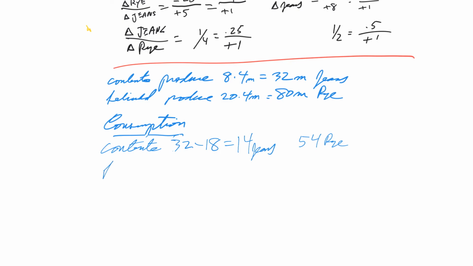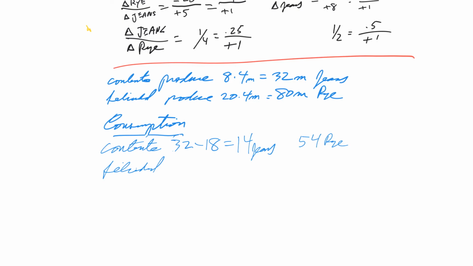How about Felicidad? Remember that Felicidad, up here, is producing 80 rye, and they're not producing any genes.